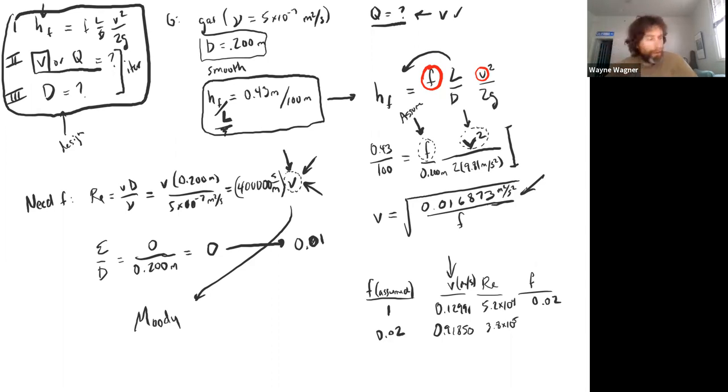Let's go ahead and get another Moody. I'll be doing it as well to make sure, 3.8 times 10 to the fifth. Okay, we're 1, 2, 3, almost 4.